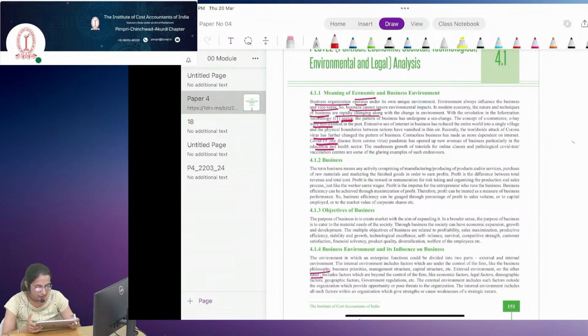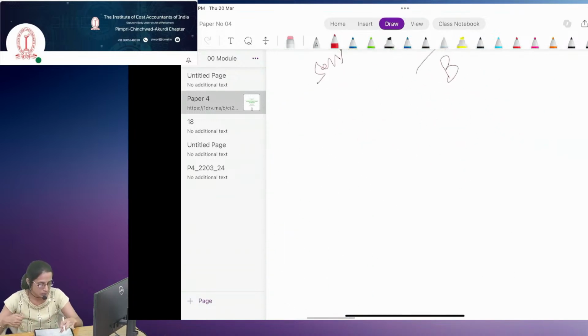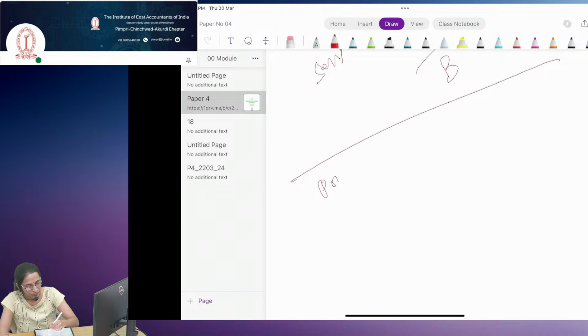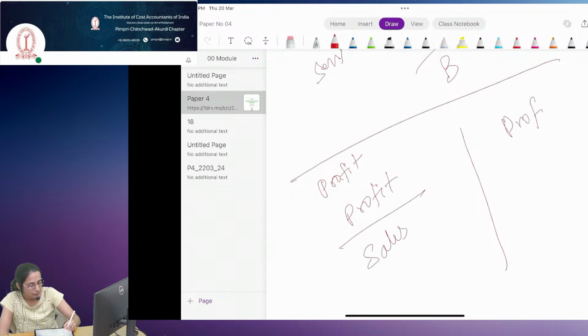So, business efficiency can be gauged through percentage of profit to sales volume or to capital employed or to the market value of capital share. So, percentage of profit is calculated in different ways. It can be a percentage of sales, it can be a percentage of capital employed, that is, how much capital I have employed. Profit can be calculated in two ways: profit divided by sales or profit divided by capital employed.